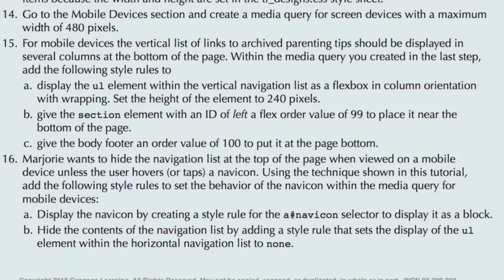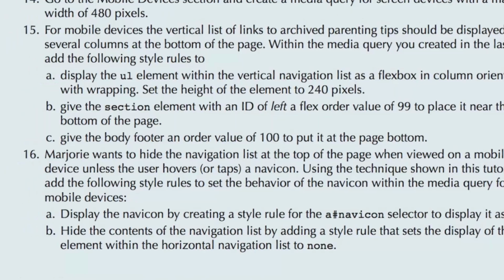Set the height of the element to 240 pixels. In 15B, we want to give the section element with the ID of left a flex order value of 99 to place it near the bottom of the page. And then 15C, we want to give the body footer an order value of 100 to make sure that it is at the bottom of the page.